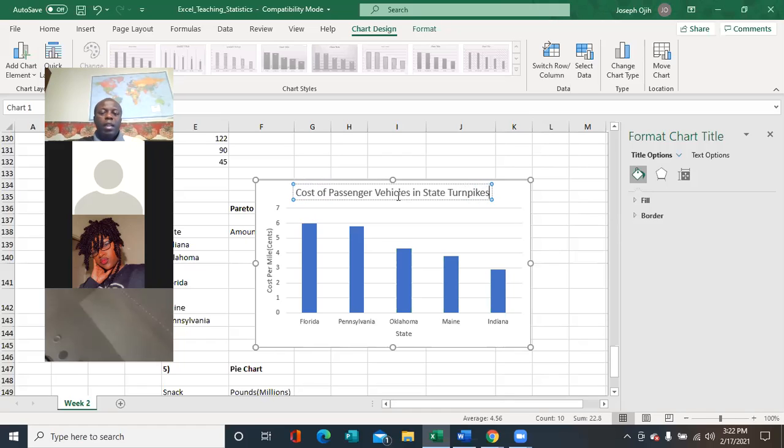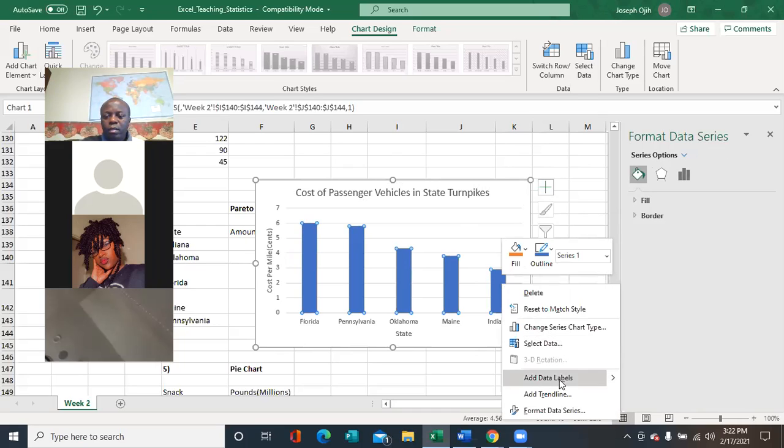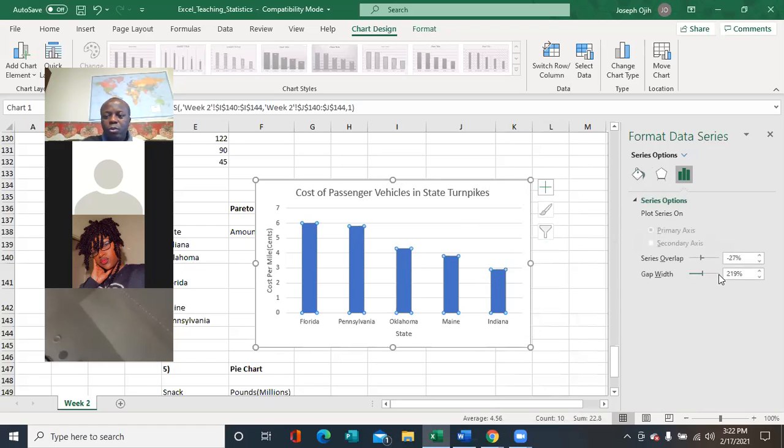See? Now, let us close these gaps. To close them, all you have to do is right click on any of the bars, and then simply choose format data series, and then close the width.